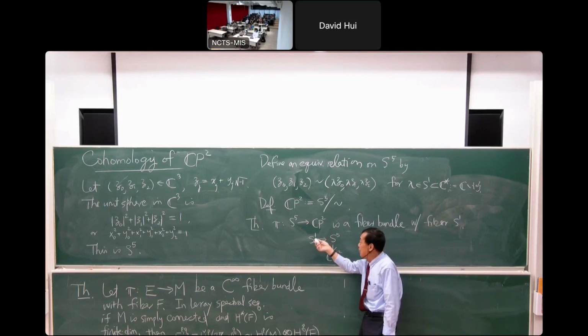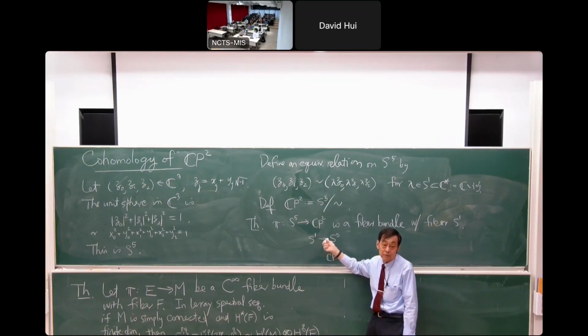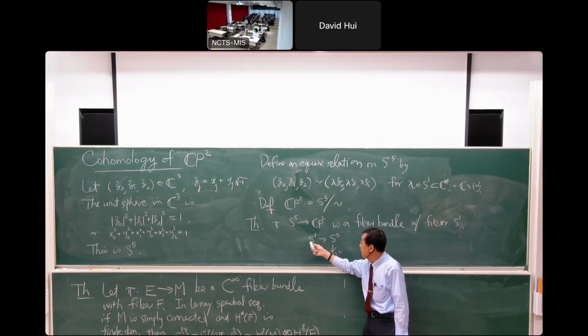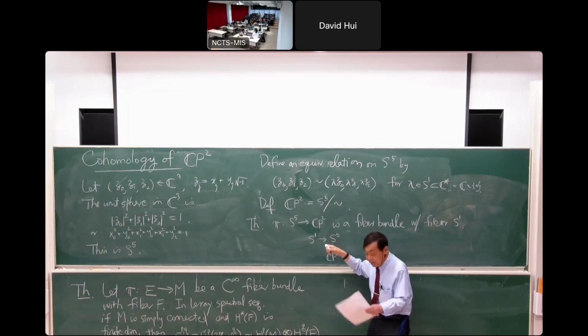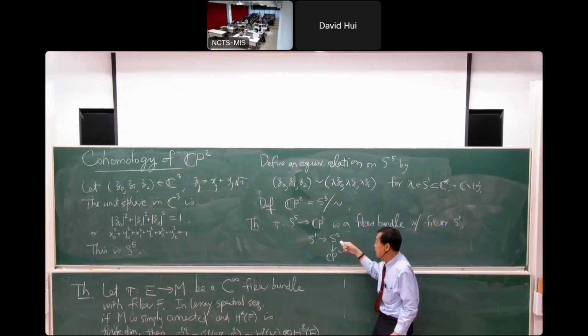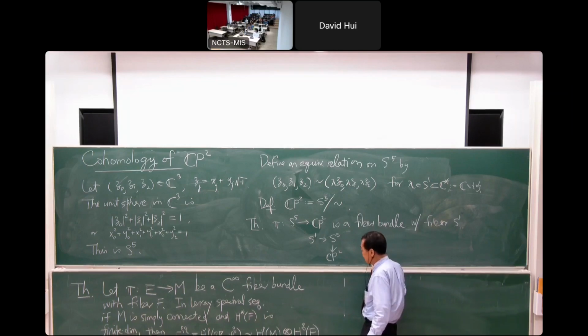When you have a fiber bundle, there's an exact sequence relating the homotopy groups of these three spaces. From that homotopy exact sequence, you can prove that CP2 is simply connected. For now, we'll assume that, because that's going to take us into topology that's not quite relevant here.